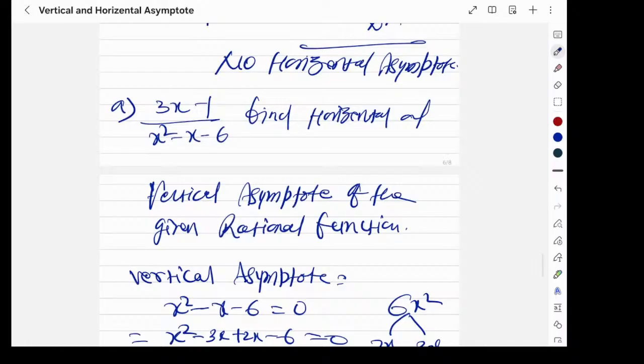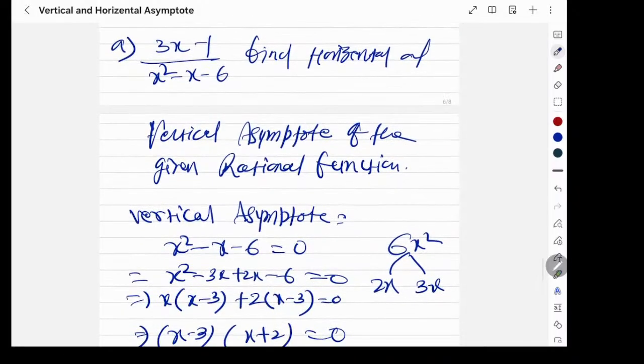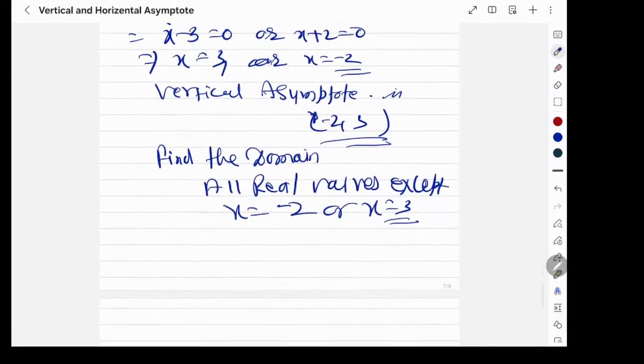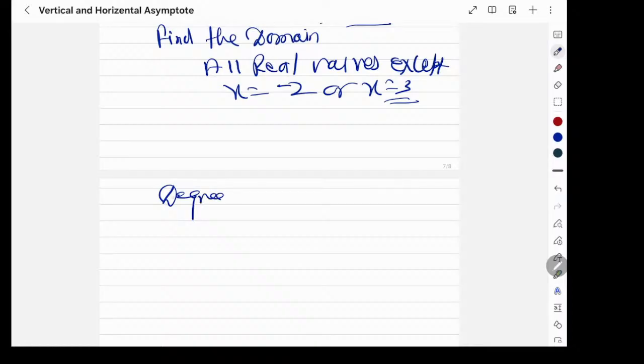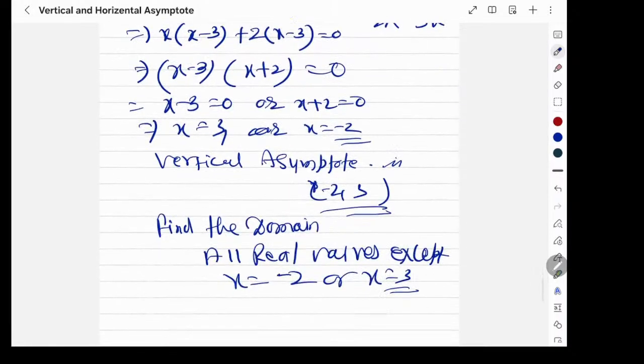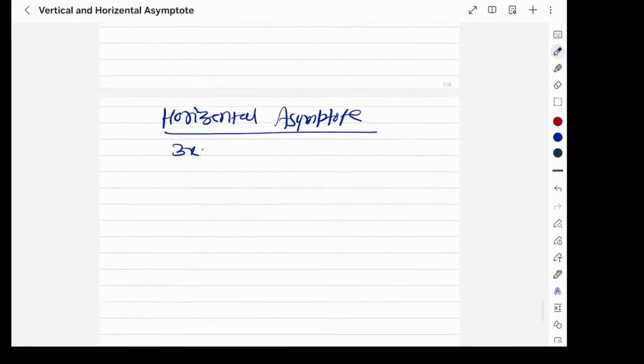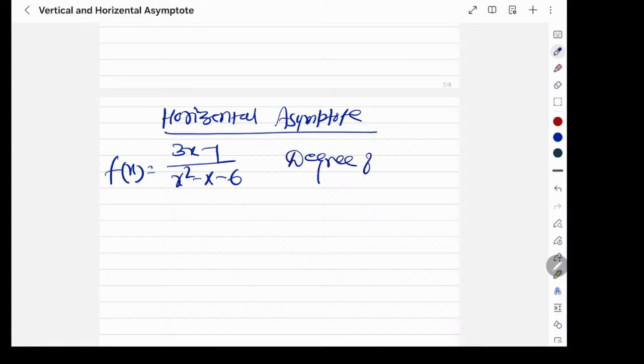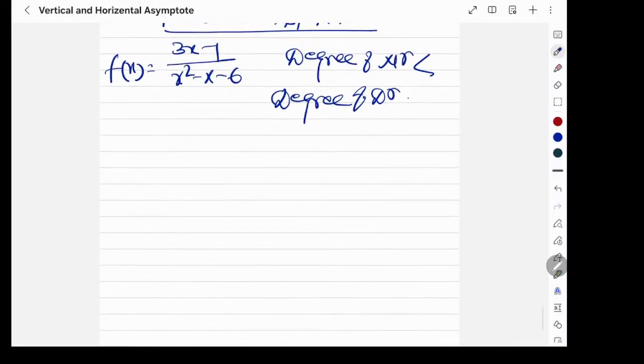Is it possible to find the horizontal asymptote? So the horizontal asymptote is 0, because, as we have discussed, for f(x) equals (3x minus 1) over (x square minus x minus 6), the degree of the numerator is less than the degree of the denominator.